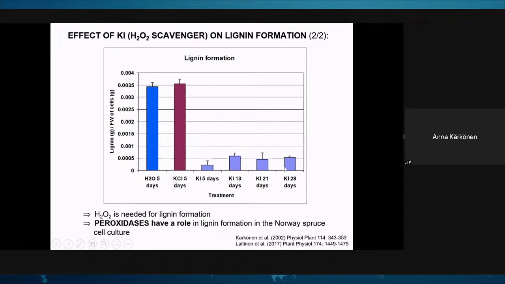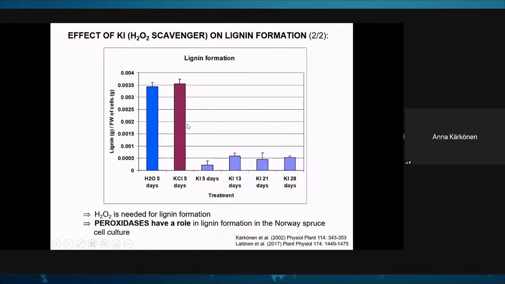And basically, you can cultivate the cells up to 4 weeks in iodide-treated conditions, and extracellular lignin is not coming. It's very little. We did a control with potassium chloride, the same 5 millimolar concentration added. And here you can see that extracellular lignin appeared. So it's not the potassium effect, it's the iodide effect.